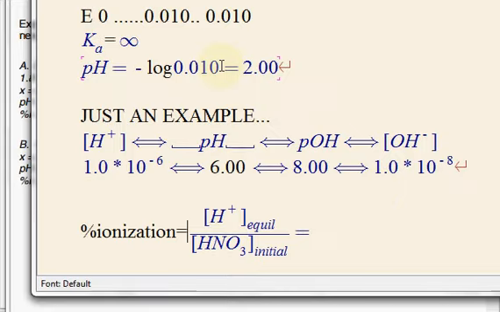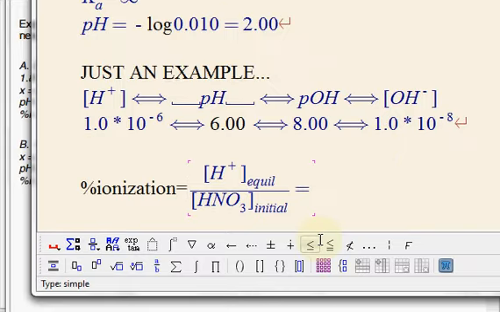Which is the same over the same. It's like 0.1 over 0.1, so it's 1, which is 100%.